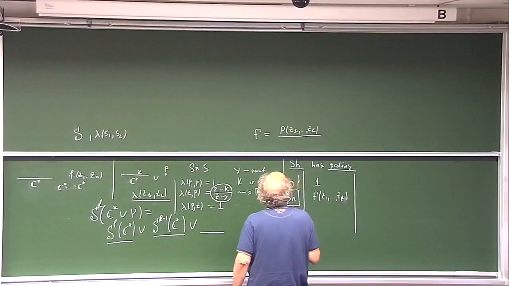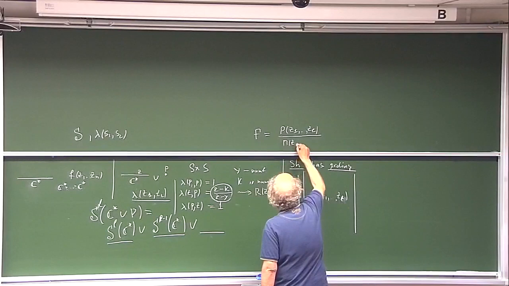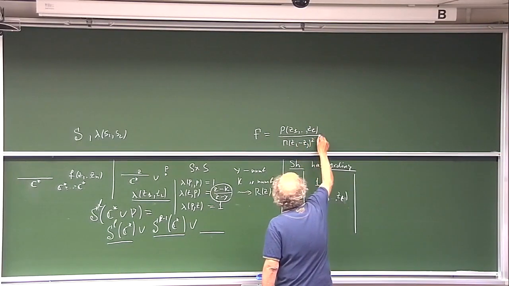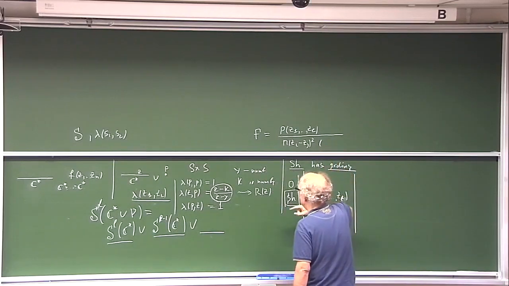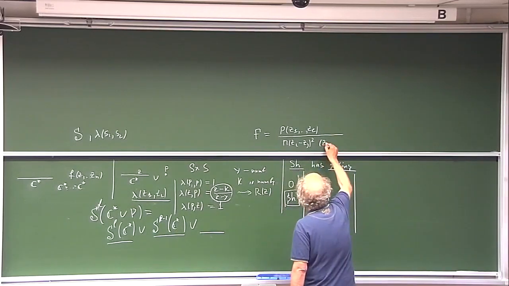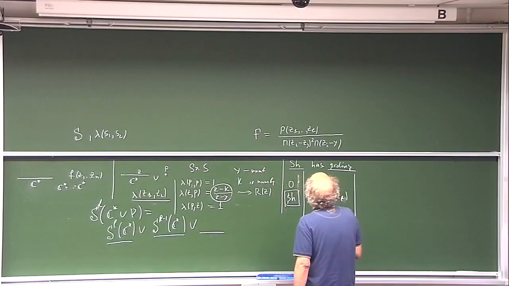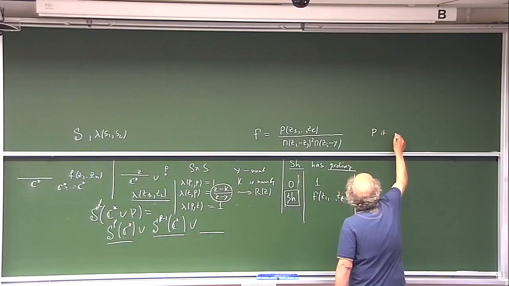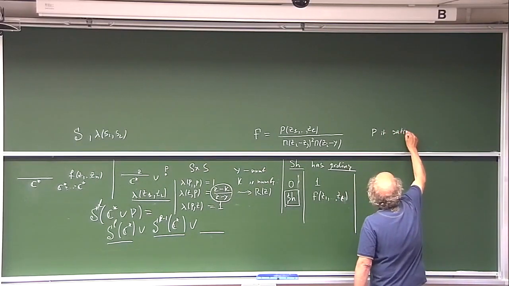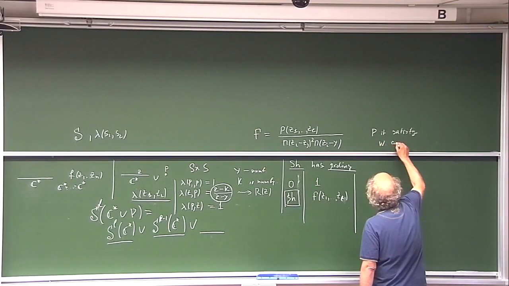It is this, and here we have as usual the product of z_i minus z_j squared. Yes, and here I have the product of z_i minus y, which is because of this. And about F, it satisfies the wheel condition.